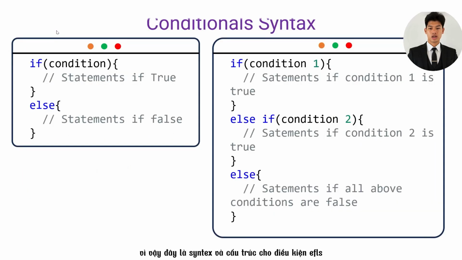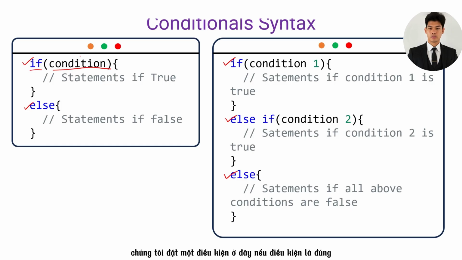So here's the syntax and structure for the if-else condition. If you want to apply a condition for any of your applications, you can use if-else for switches or pins. For if-else, there are several structures available, like you can use if with else, or if you have multiple conditions, then you can use if, else if, else. So how does this work? After if, in the first bracket we put a condition.